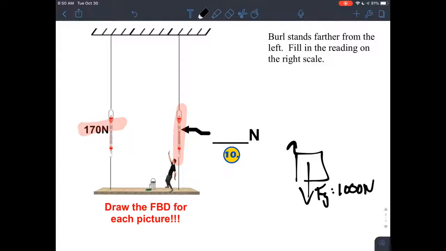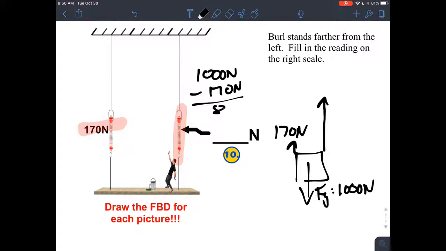We've got a very small source of tension here that is 170, and we're going to have a much bigger one over here that, if you take 1,000 newtons and subtract 170 newtons, you should get 830 newtons for your answer here. Again, our upward forces must cancel with our downward forces to keep our painter in equilibrium.